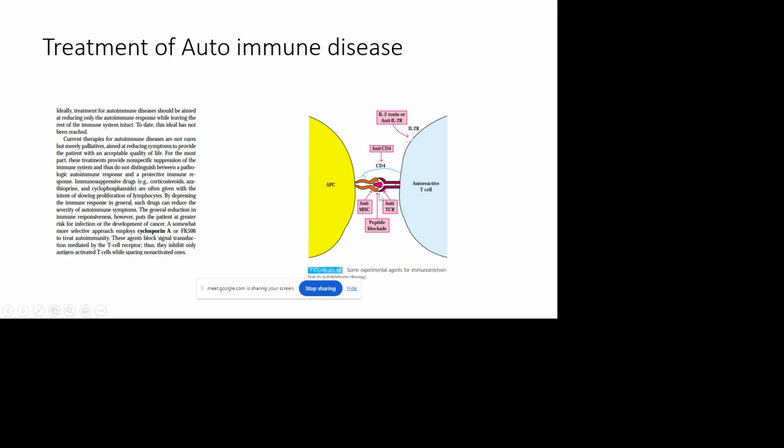We can use the peptide blockade. This peptide, which is the antigen presented by the antigen presenting cell, can be blocked by the peptide blockade. So that can abolish this interaction, and they can suppress the T cell activation. And you can use anti-TCR antibody which will block the TCR from interacting with this MHC. So this will also suppress the T cell activation. So that's how you can treat autoimmune disease by using those suppressors. Right? So any doubt you have, you can ask me.